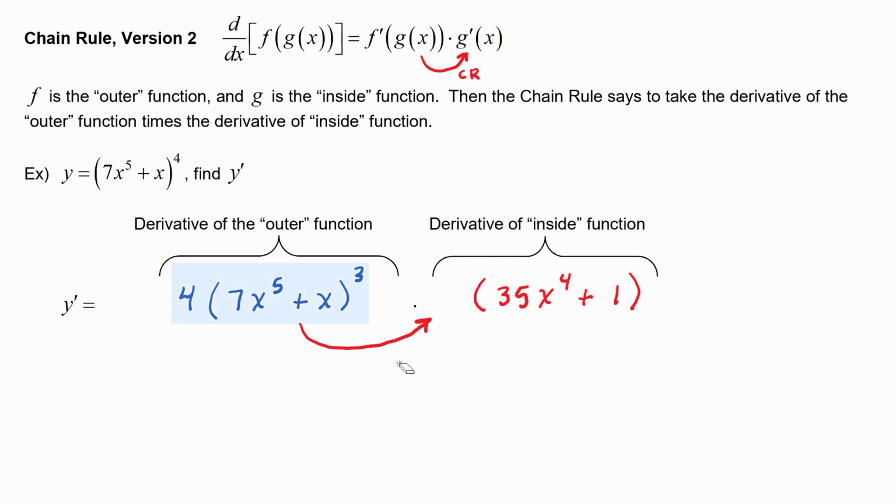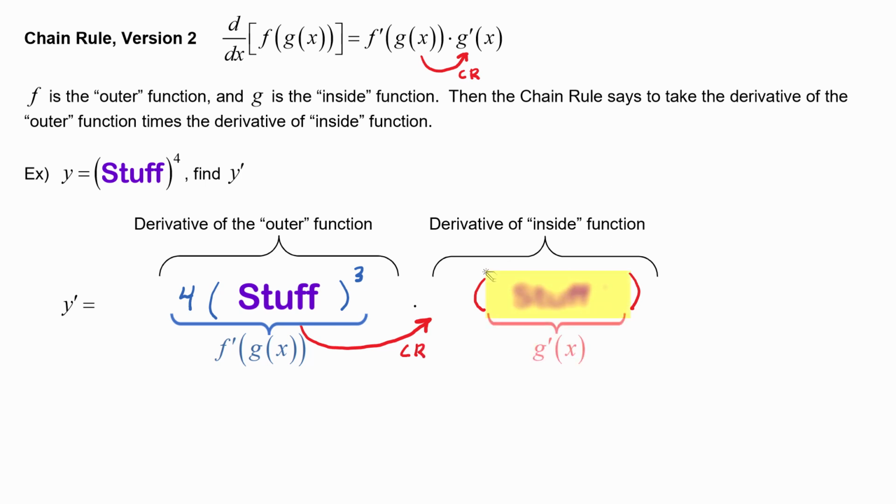So we take the derivative of the outer function, which we had some stuff to the 4th power. So you take 4 times the stuff to the 3rd power. Then the chain rule says that you have to take it times the derivative of your stuff.